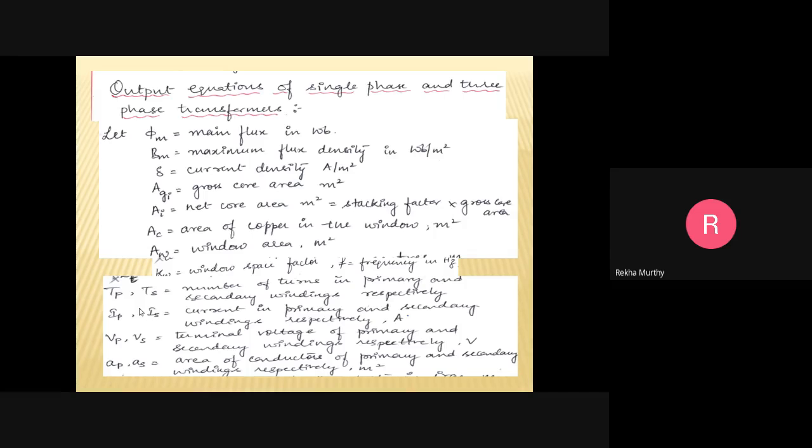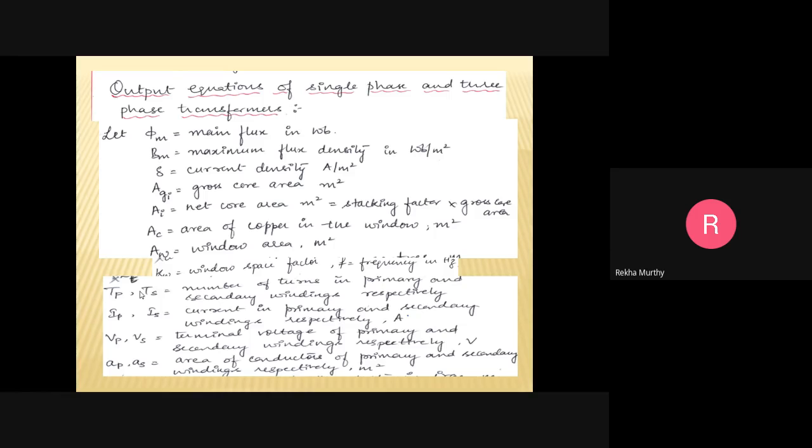In addition to this, we need to define all this. As a transformer, you all know, no? Primary and secondary. In the primary and secondary, what all parameters will come? Number of turns in the primary, number of turns in the secondary. What is the notation? TP and TS. Similarly, current in the primary, current in the secondary: IP and IS. Similarly, terminal voltage.